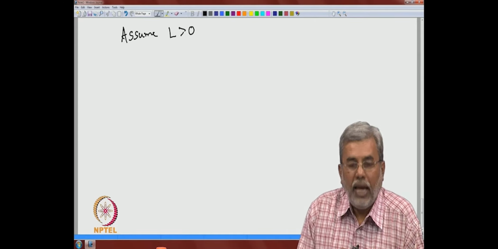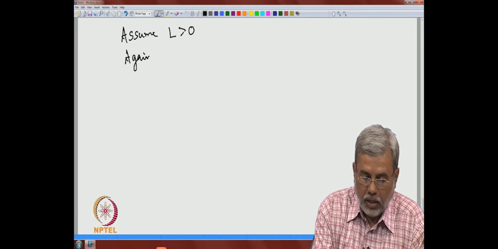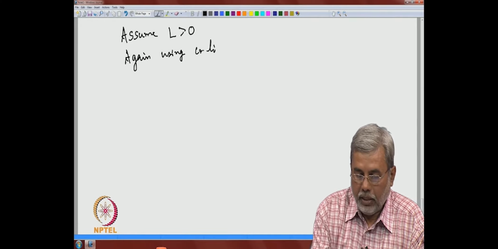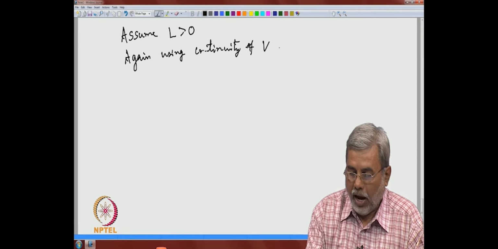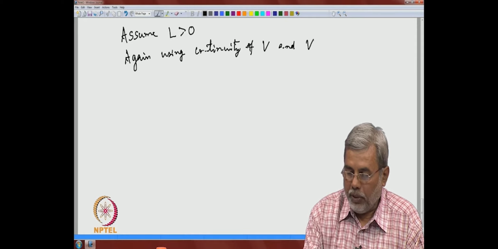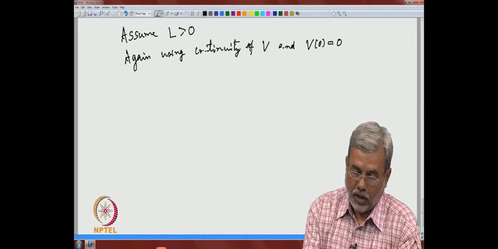Okay. So, again using continuity of V and V of 0 equal to 0. These are simple arguments, you should check them using your knowledge of calculus.